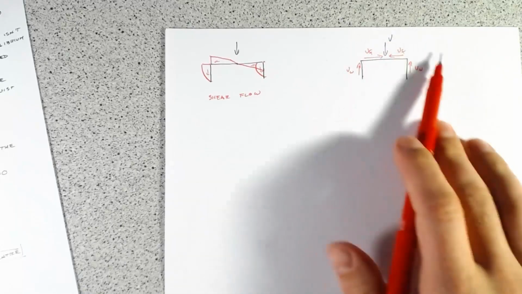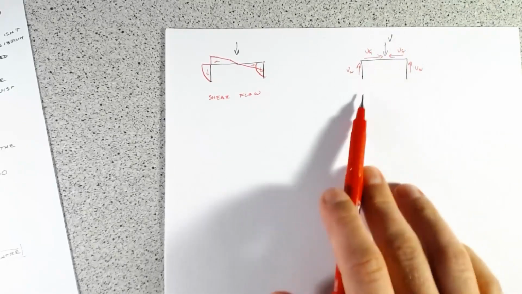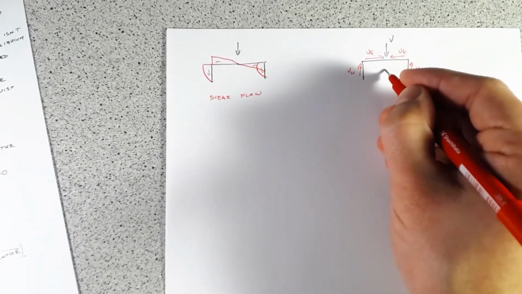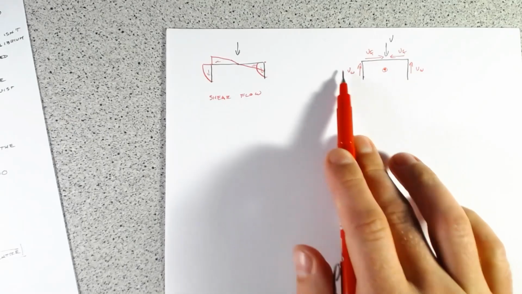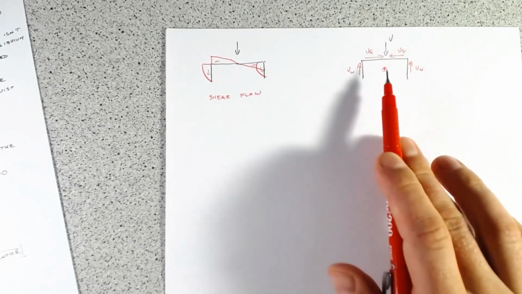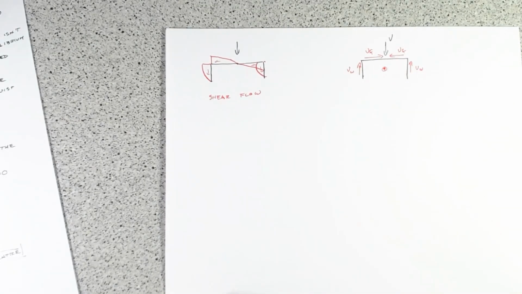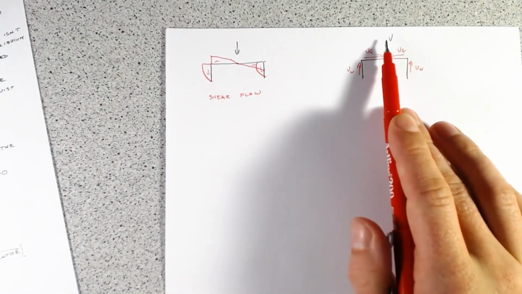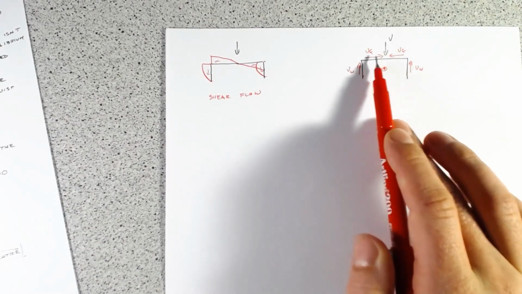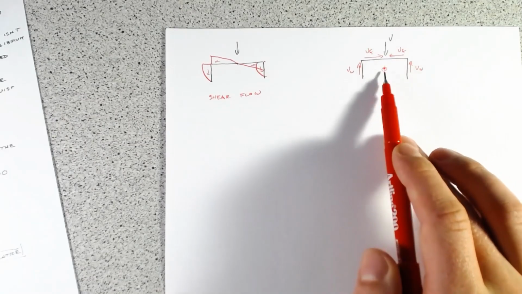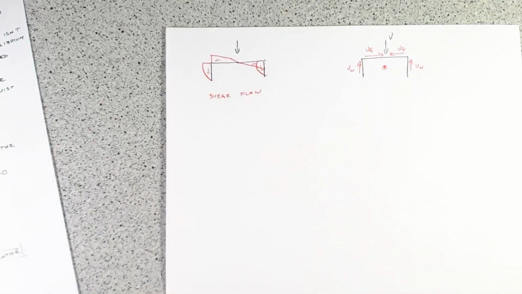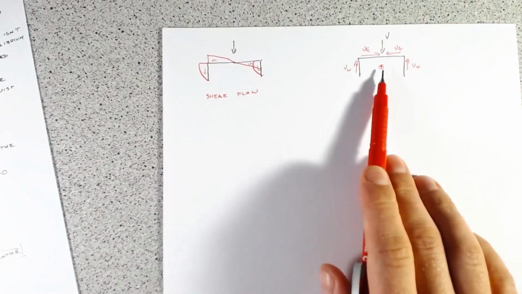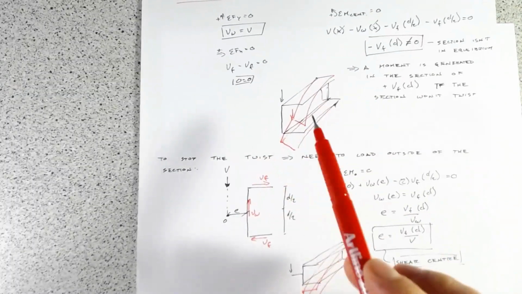Because now we're symmetric again, all of the moments cancel out. So if we took our moments about the centroid, the distance here to here is the same. So we're loading about the centroid, and we have 0 twist created by this applied moment. These are equal and opposite and the same distance apart, and these are equal and opposite and the same distance apart. So we see that if we turn a channel about its weak axis, we don't have this twist.